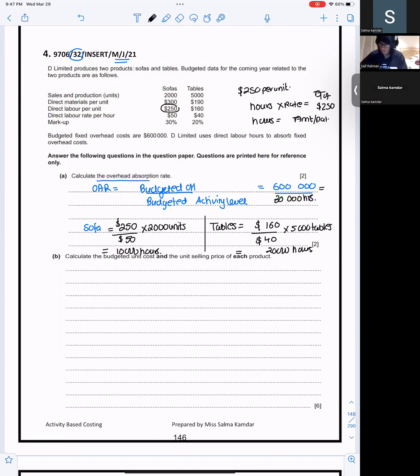Get 20,000, I mean 20. $20 per labor hour.